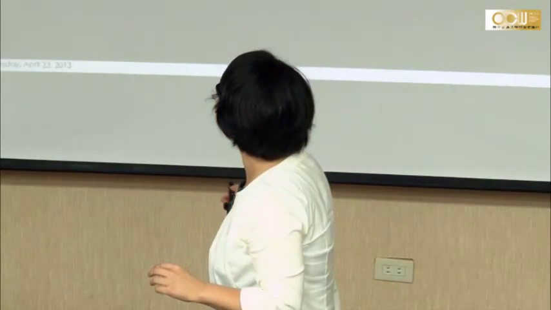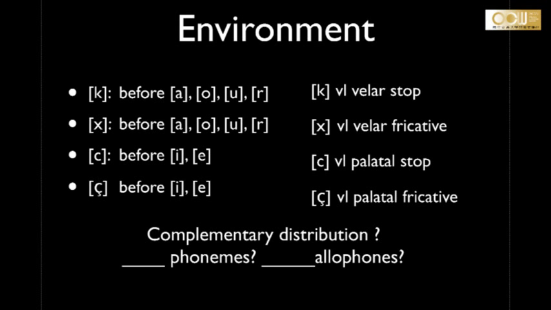And the same thing can happen if you're pronouncing a velar fricative. A velar fricative, not alveolar fricative. This is a velar fricative. And when you pronounce it before E and A, which are front vowels, it's very likely that you change the place of articulation just to the front.